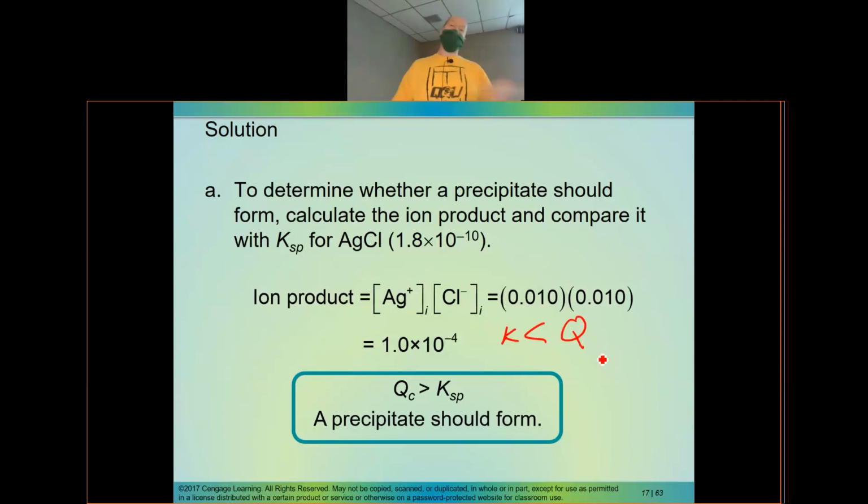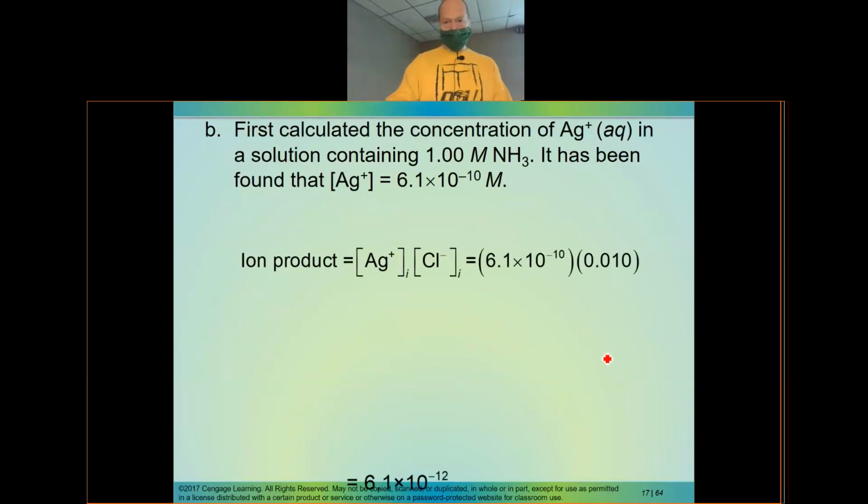And so that means it goes to the left, which forms a precipitate, but it doesn't matter. Here, the Q value is way too big. In order for those numbers to get smaller, they have to react and go make a solid.